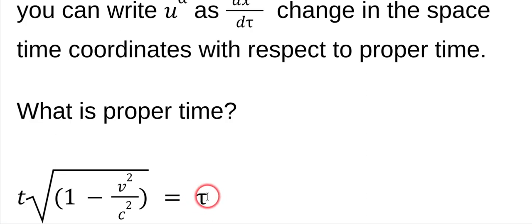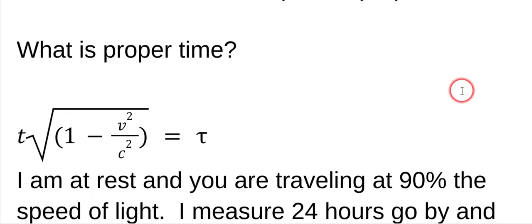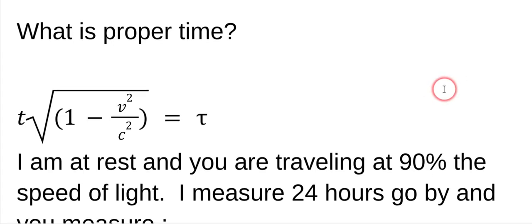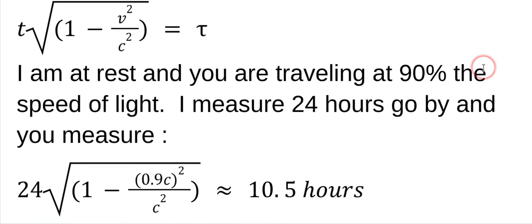So proper time means that if you're in motion, you have a clock with you. This is your time in motion, and this is the time of an observer who's at rest, right? So if I'm at rest and you're traveling at 90% the speed of light, I measure 24 hours go by, and you measure, according to this equation, this.